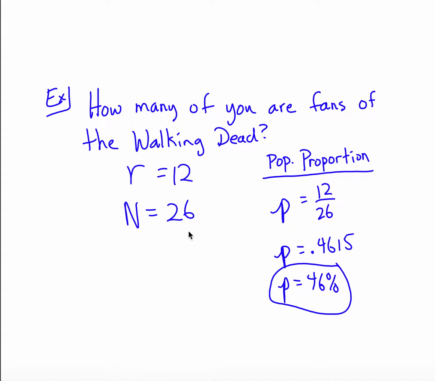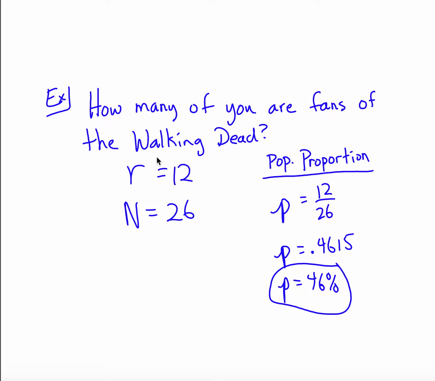So let's say out of a group of 26 people, so my N is 26, I got 12 of them who actually like The Walking Dead. If this was just a particular group and I wasn't looking at anything more, then I could say this is my population value. If I was trying to make a decision about a bigger group, this would be a sample value.